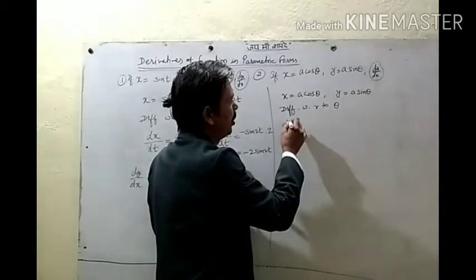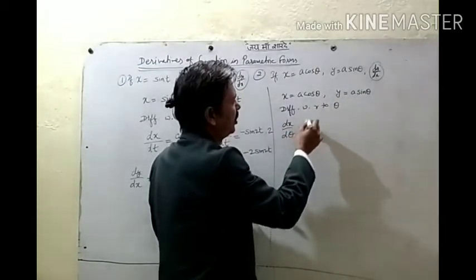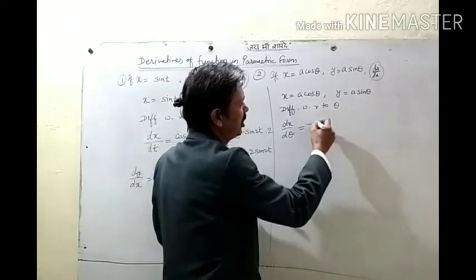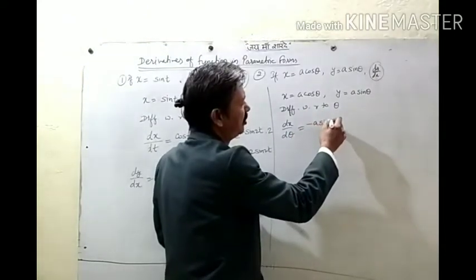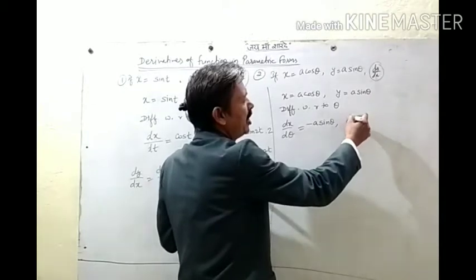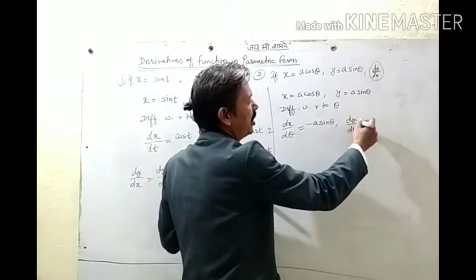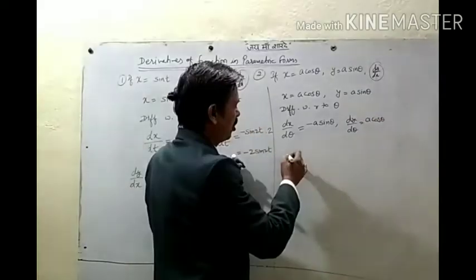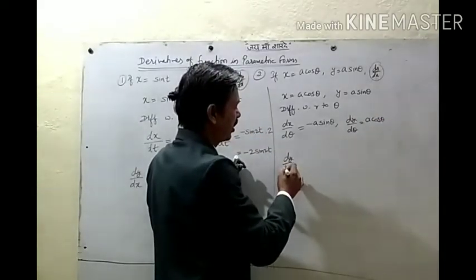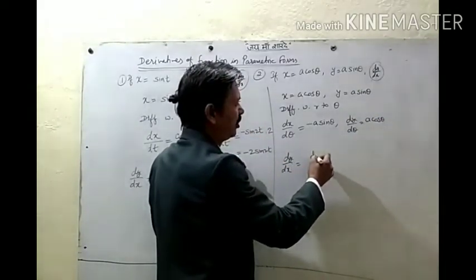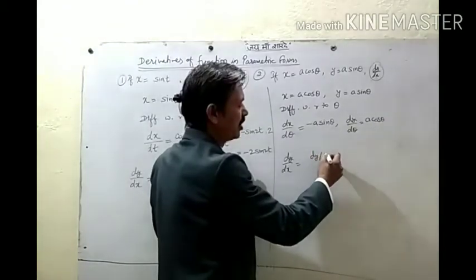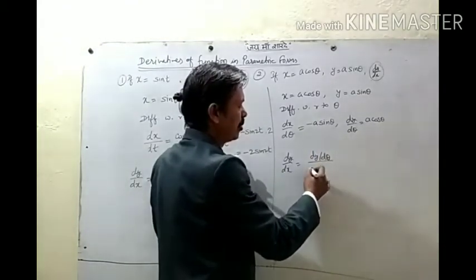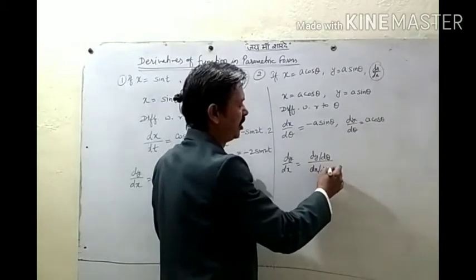So we get dx by d theta is equal to the derivative of a cos theta, which is minus a sin theta, and dy by d theta will be the derivative of a sin theta, which is a cos theta. So now we know dy by dx is dy by d theta, third variable, upon dx by d theta.